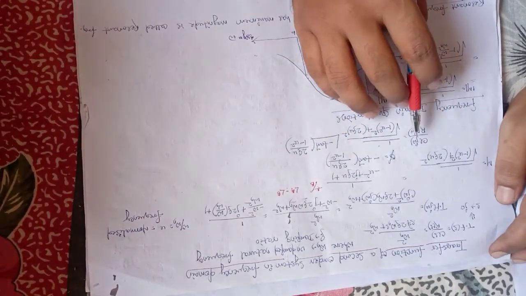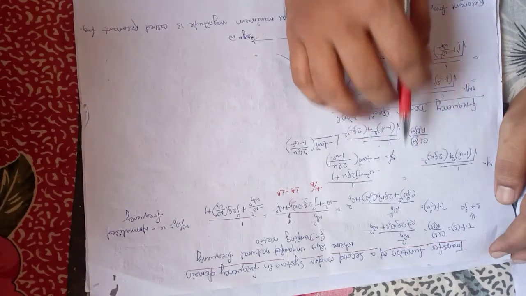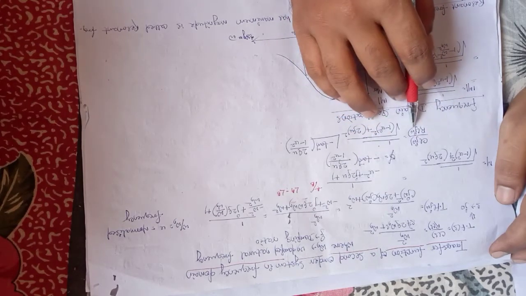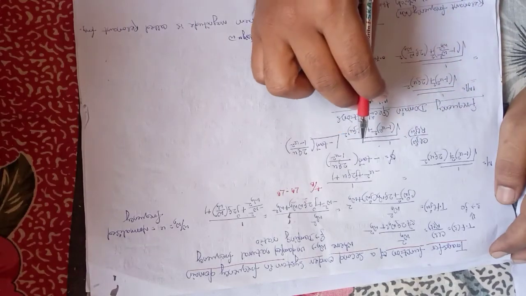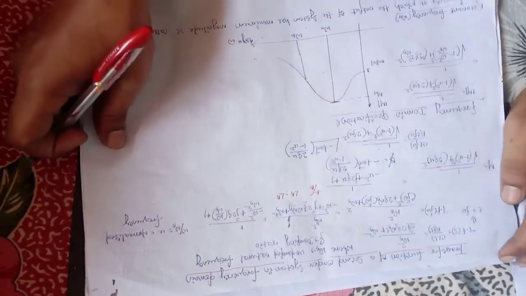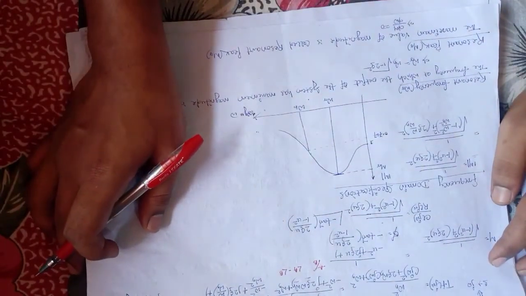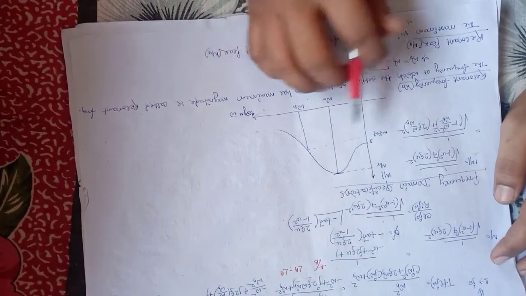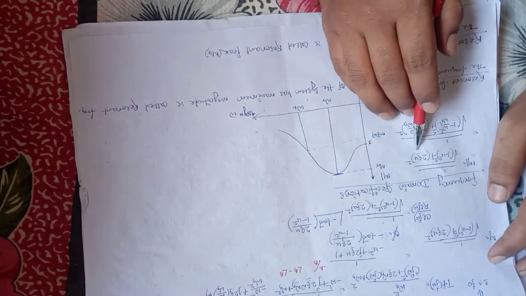Then we will analyze. As we have already seen, the transfer function in a frequency domain is a function of frequency. So if I vary the frequency, then how my transfer function will change and how my magnitude will change, that I will see here. So this is the form of magnitude we have already derived.